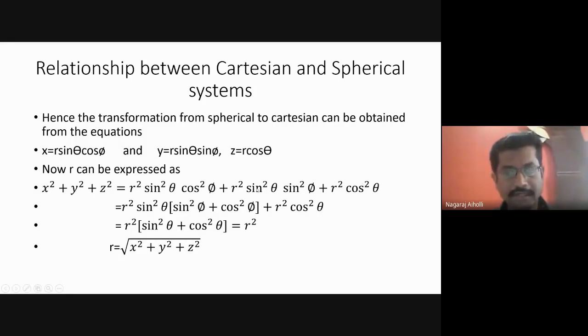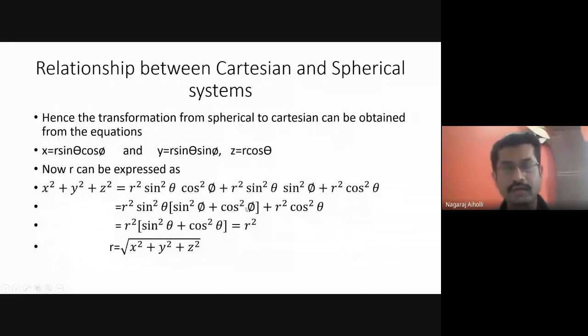Then this is further equal to r square sin square theta, which is common in the first and second terms. Take it outside: r square sin square theta into cos square phi plus sin square phi, plus r square cos square theta. Sin square phi plus cos square phi is 1.